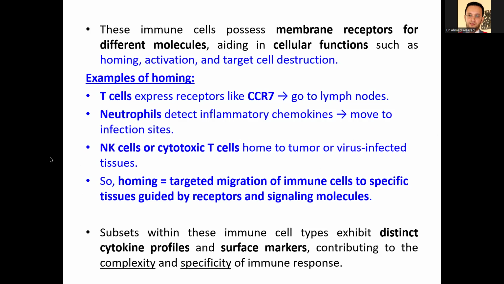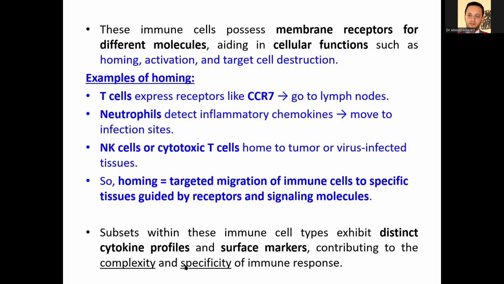Another important example is cancer: natural killer cell, which is involved in innate immunity, or cytotoxic T cell, which is involved in active immunity, home to tumor or virus. So it will go to tumor or virus-infected tissue. So homing means targeted migration of immune cells to specific tissue guided by receptors and signaling molecules.